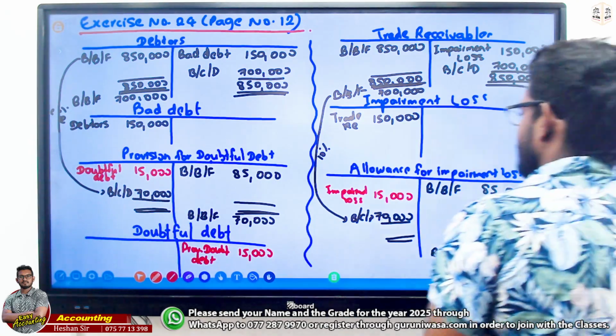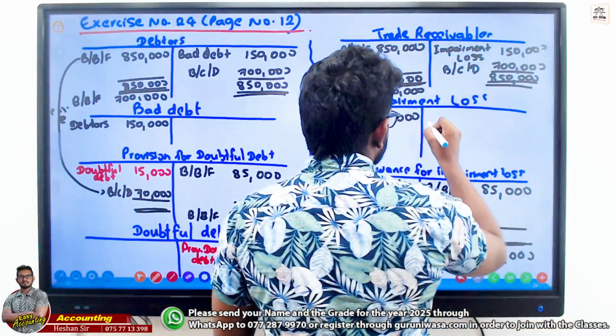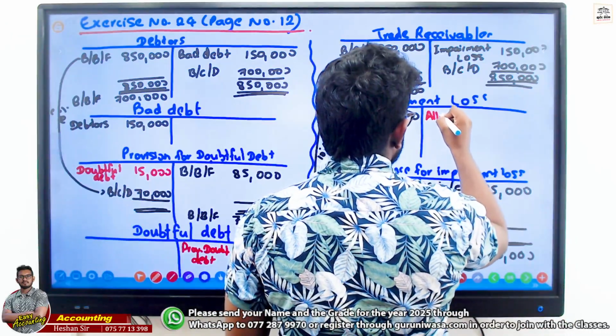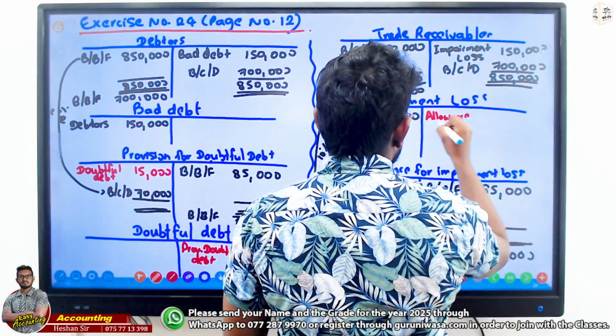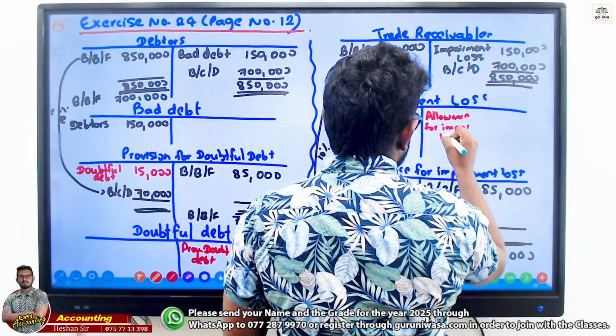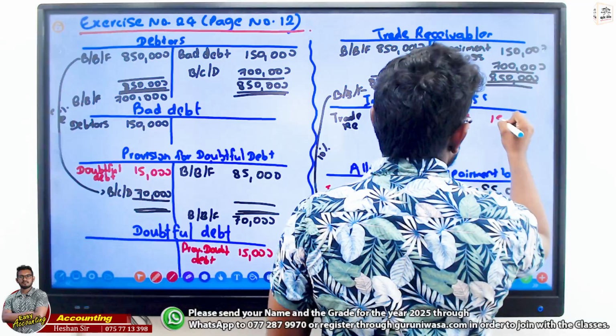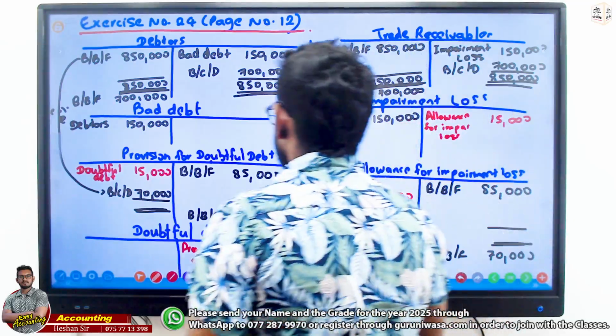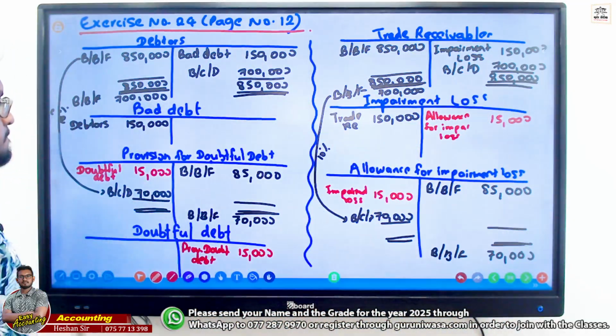Okay. Allowance for impairment loss. Now we have to be a little careful. Right, just think.